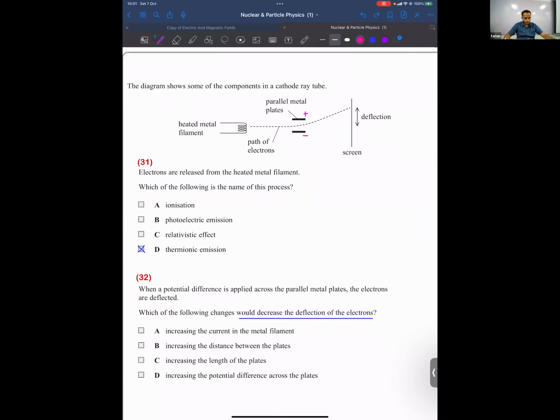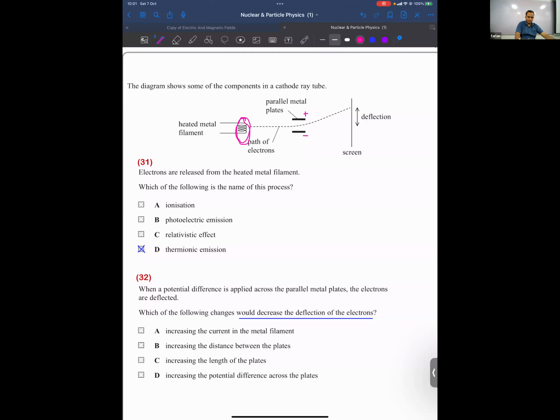Out of these, which of the following changes would decrease the deflection of the electrons? Let me check one by one. Increasing the current in the metal filament. If you increase the current in the metal filament, what will happen? This filament will get heated more. When the filament gets heated more, more electrons will be emitted. Correct?